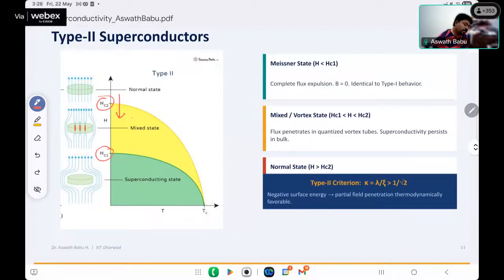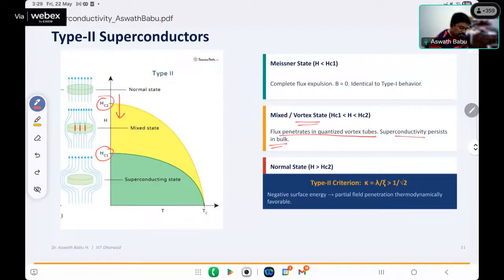A part of vortex states are created where magnetic field lines go through the material. The flux penetrates in quantized vortex tubes, meaning only at certain locations the field lines travel through, and at the same time superconductivity persists in the bulk.